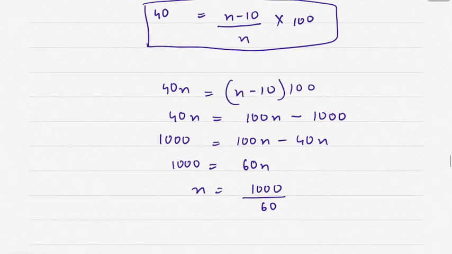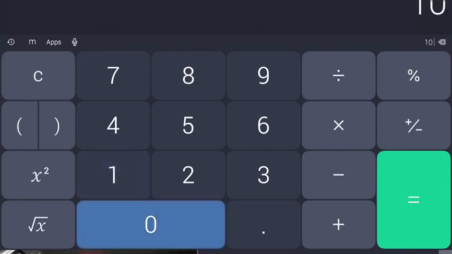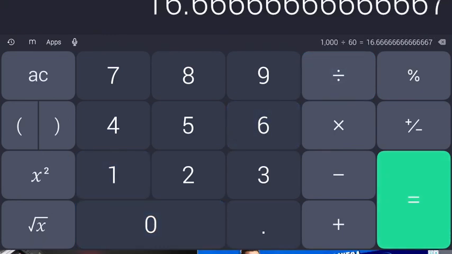Let's do 1000 divided by 60. 1000 divided by 60 is equal to 16.66. So approximately 17.